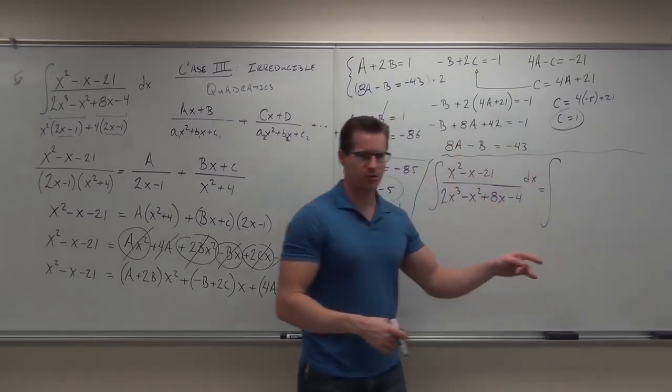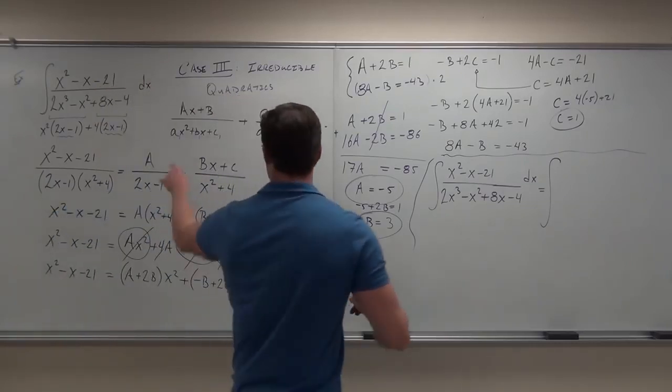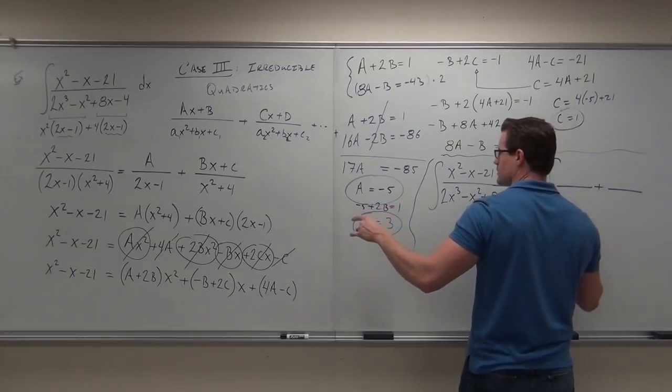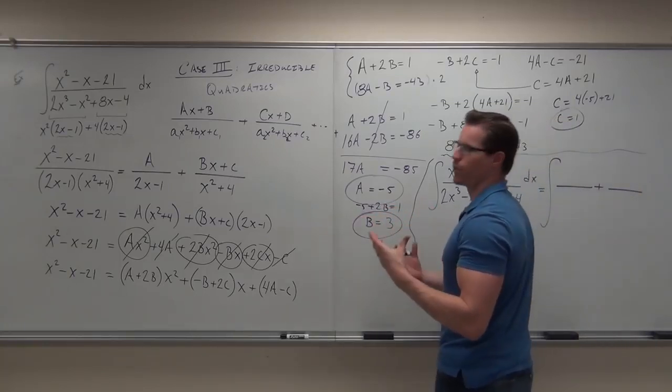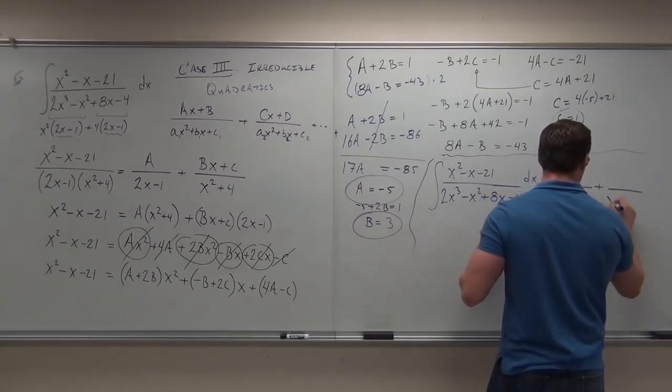Notice we have three coefficients, we have 3 constants, but we don't have 3 fractions. We have 2 fractions. The first fraction is over what? 2x minus 1. The second fraction is over x squared plus 4.